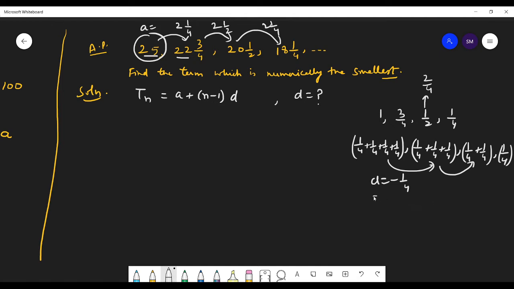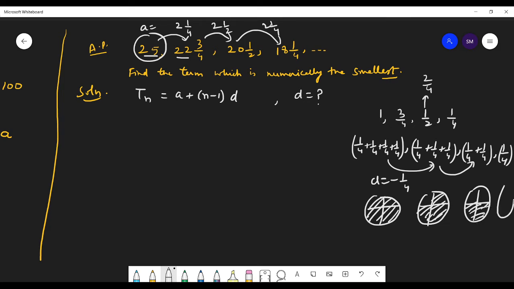Is this clear? Suppose you have this, now you have this, and now you have only this much, 1 by 4. See, students, all of them have the same meaning. I told you earlier also.